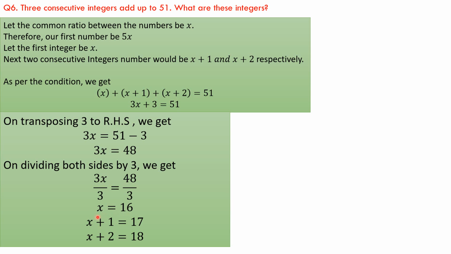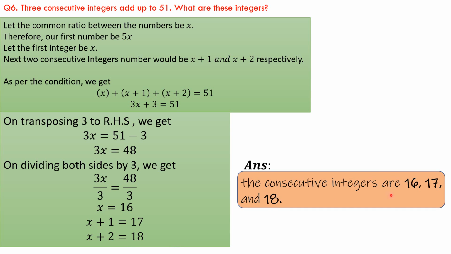So x equals to 16. Now put the value of x in x plus 1 and x plus 2. We get x plus 1 equals to 17 and x plus 2 equals to 18. Hence, the consecutive integers are 16, 17 and 18.